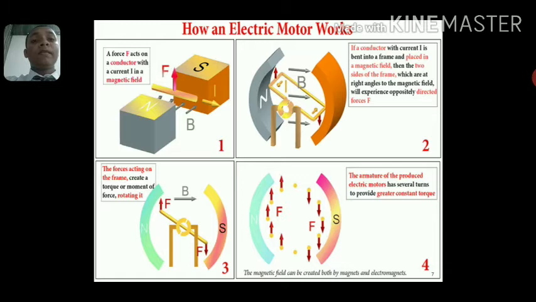In the second diagram, if a conductor with current I is bent into a frame and placed in a magnetic field, then two sides of the frame which are at right angle to the magnetic field will experience a positively directed force F. The force acting on the frame creates a torque, or moment of force, rotating it, as written in the third diagram. So at last, the armature of the produced electric motor has several turns to provide greater constant torque.